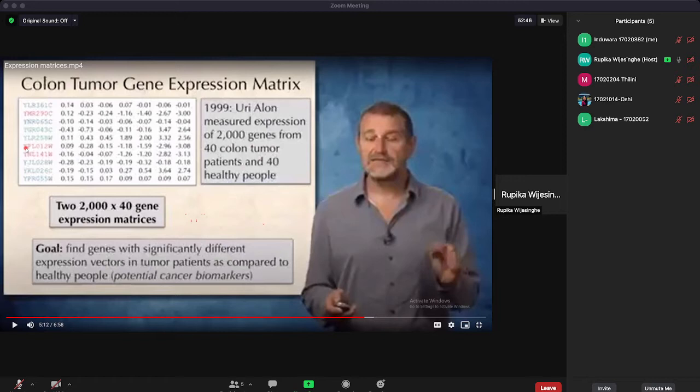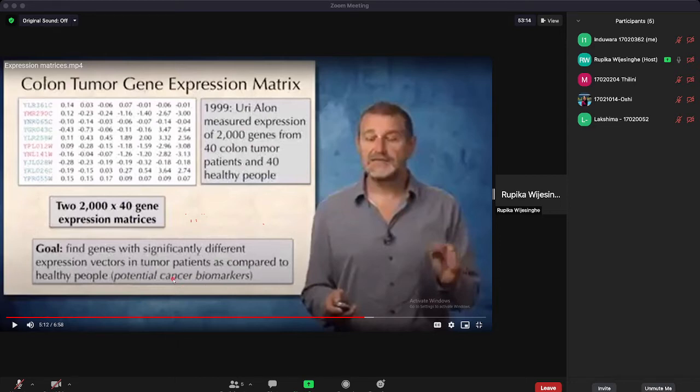Actually, you can say, not only that the patient has a cancer, you can tell the type. You can say it is a colon cancer, it is a colon tumor. Because in the case of breast cancer or any other cancer, the genes that will be altered will be different. So for those, there is a different biomarker.